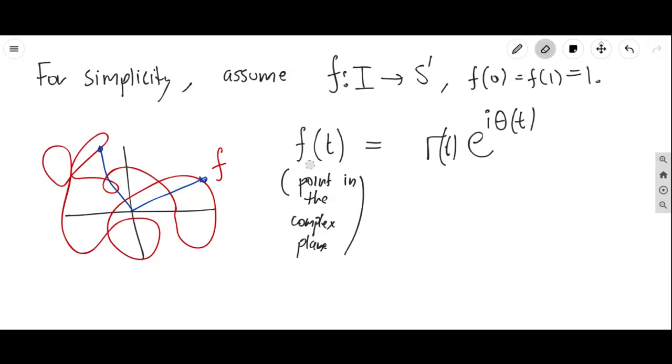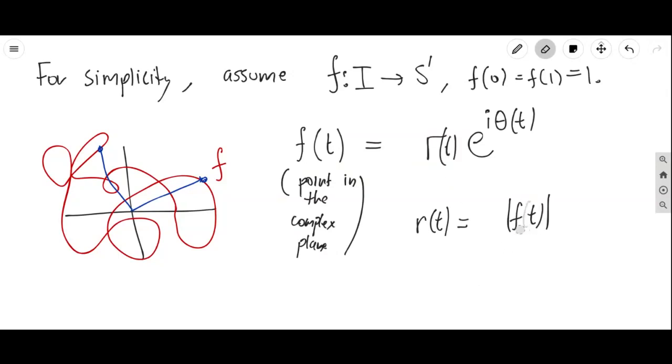So you're saying that you can express your function in this kind of form, r of t e to the i theta of t. Now, r of t is sort of easy to find. It's just going to be the absolute value of f of t. A complex number always has an absolute value, which is just the distance from the origin, and r of t is just whatever that is.